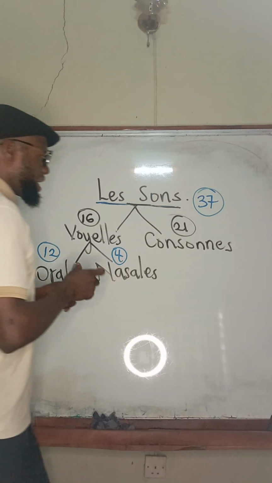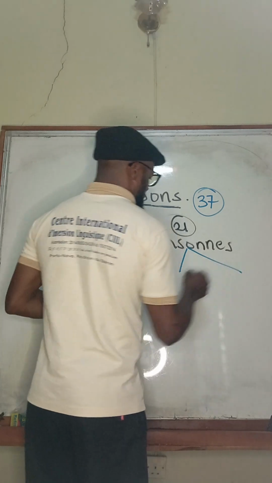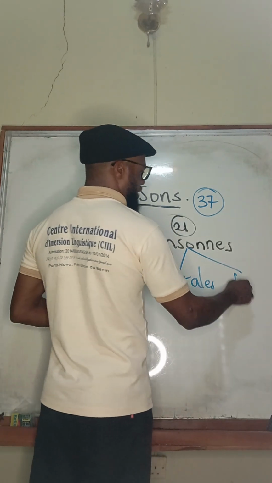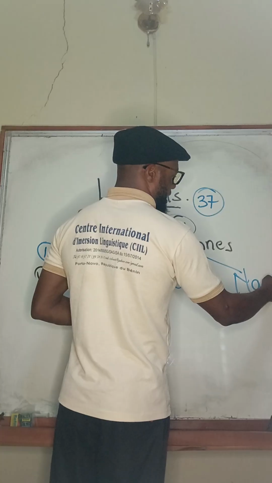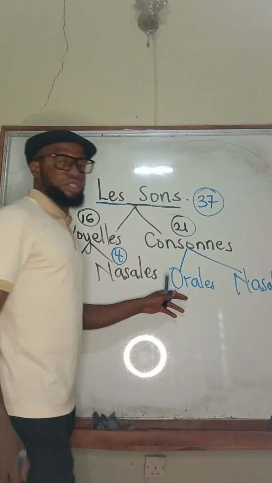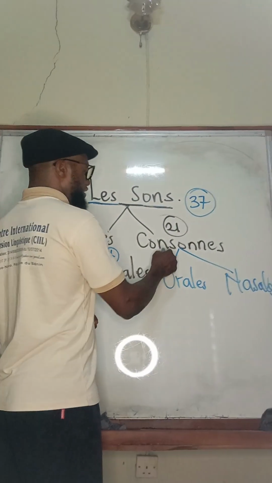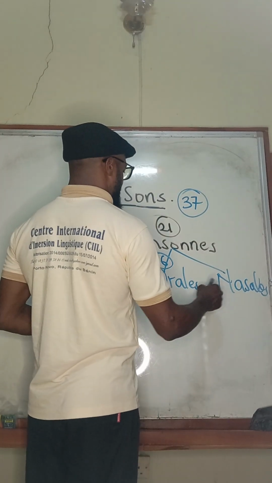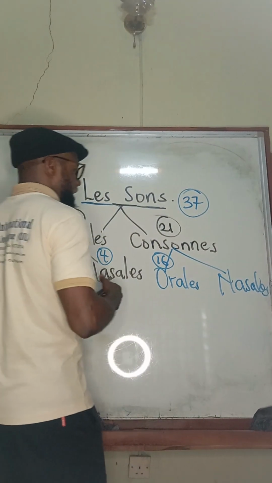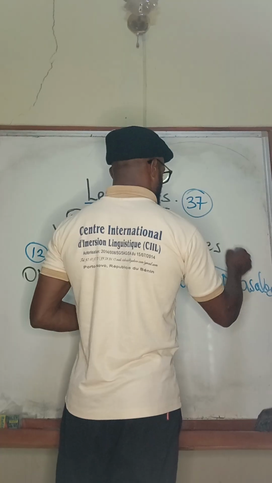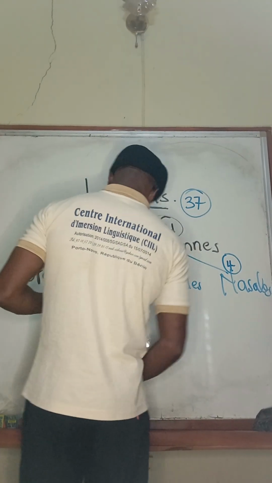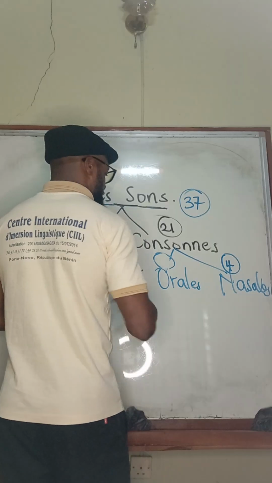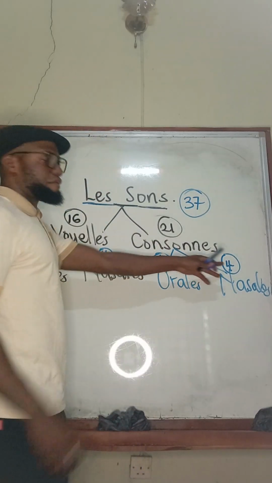Now let's look at the consonant. Consonant also, we have what we call oral, and we have what we call nasal. So under this oral, we have 14, and under this nasal, just 4. Je m'excuse. We have 14 here, we have 4 here.